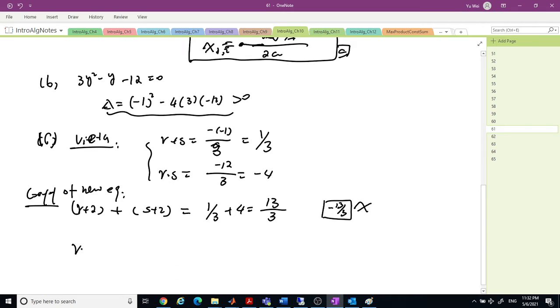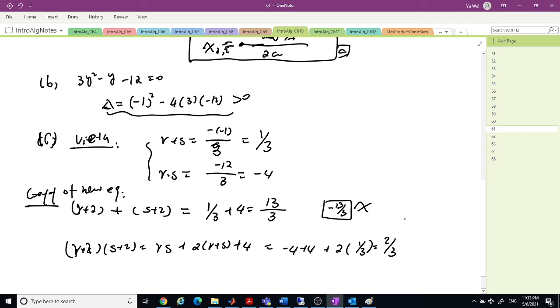Then the product of the roots is equal to rs plus 2r plus s plus 4, which is equal to negative 4 plus 4. Okay, cancelled, plus 2. Now 1 over 3 times that is 2 over 3.